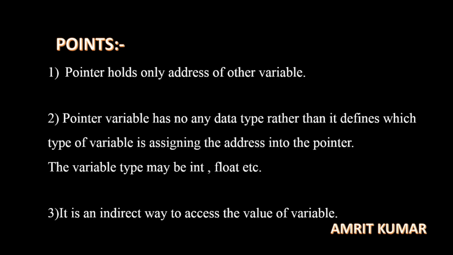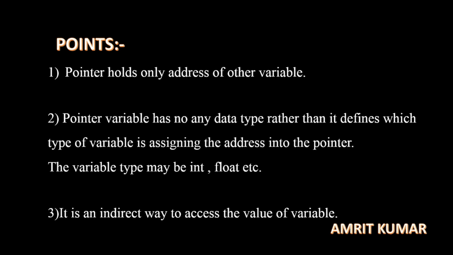If we are using a float pointer and our other variable is of integer data type, then there is a contradiction, because the pointer contains only a float value while our variable is storing an integer value. Therefore, you must specify the variable type. Whatever the type of the variable, there should be the same type of pointer also. So this is a very important point.